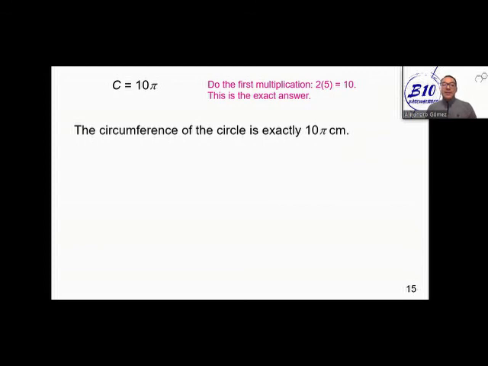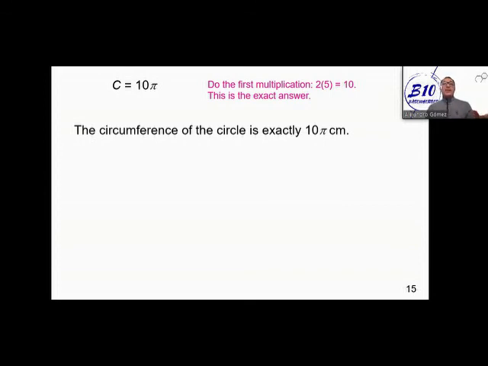Terms of pi means I don't do the multiplication for the value of it. Why? Because it has an infinity amount of decimals. Whatever I shorten from it, my calculator has 100 decimals for the value of pi.